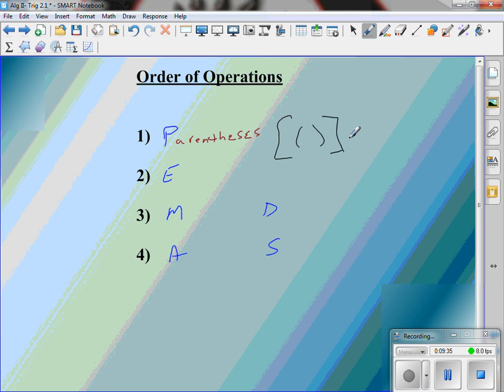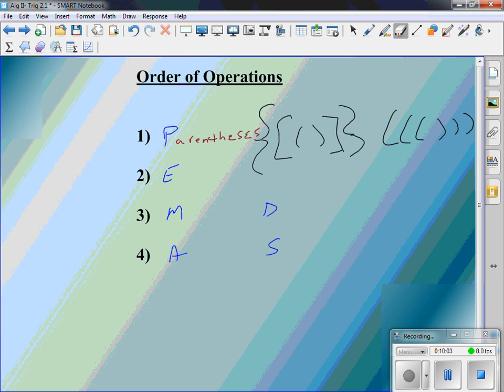They can also look like that. These are all parentheses. The reason why you might see it like this is so you don't see this. This can be very confusing, to see the same parenthesis over and over again. It's easy to lose numbers. That's why sometimes you see different ones.